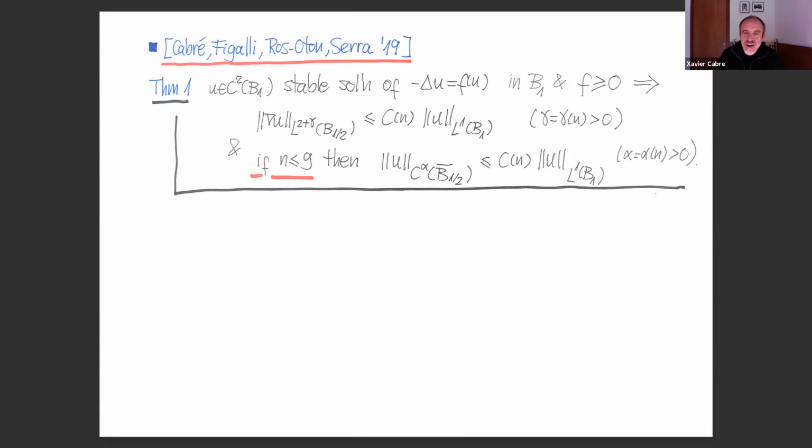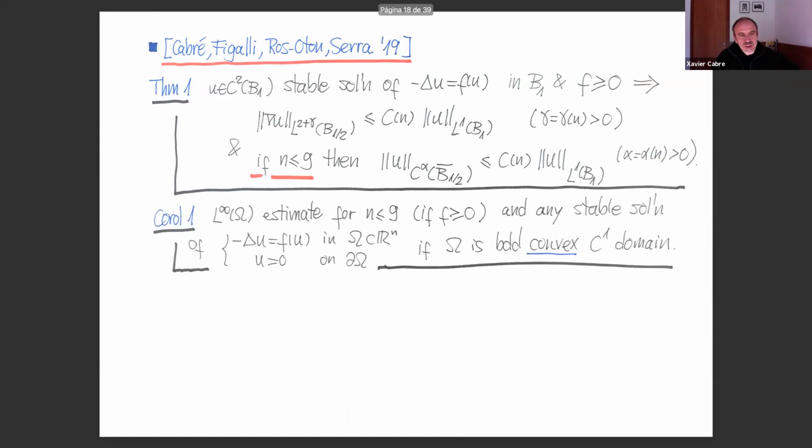But the equation is nonlinear, so they are a little surprising. And that's why they are not so easy to prove. The problem is nonlinear, but the stability of the solution in some way, when you are in this class of stable solutions, allows you to build something that looks like a linear theory and linear estimates, all right?